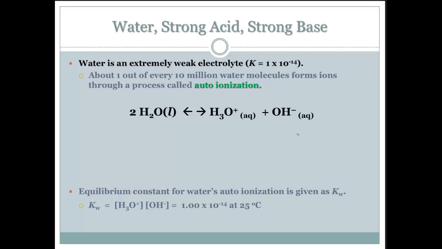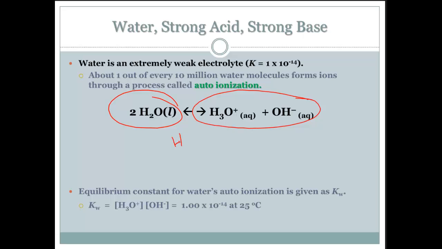Water is an extremely weak electrolyte. About 1 out of every 10 million water molecules form ions through a process called autoionization, meaning that it's going to break up into its ions automatically without any other addition to the solution. If we look at the equilibrium constant for this, it's the products over the reactants.